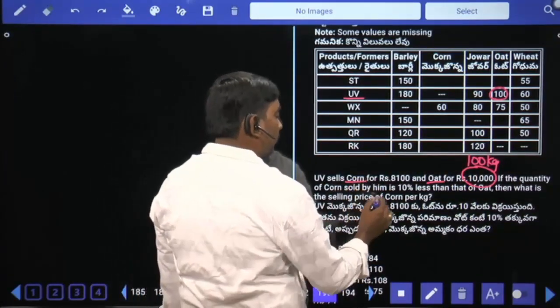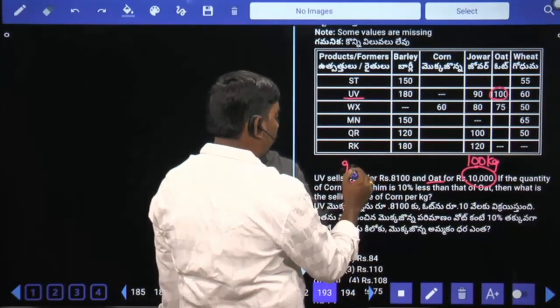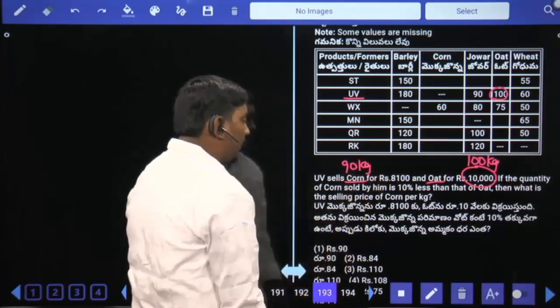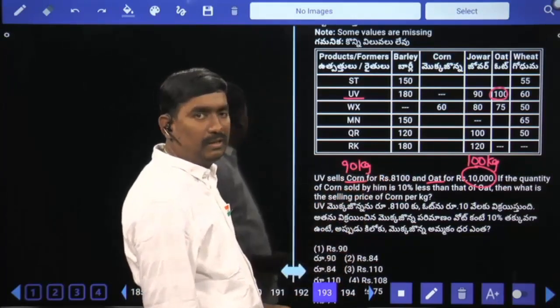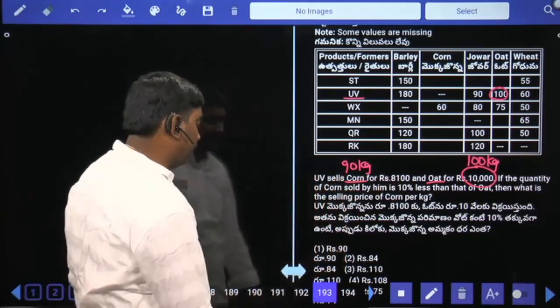Corn is 10% lesser than oat, so corn is 90 kg. 90 kg for 8,100 means 1 kg is 90 rupees.